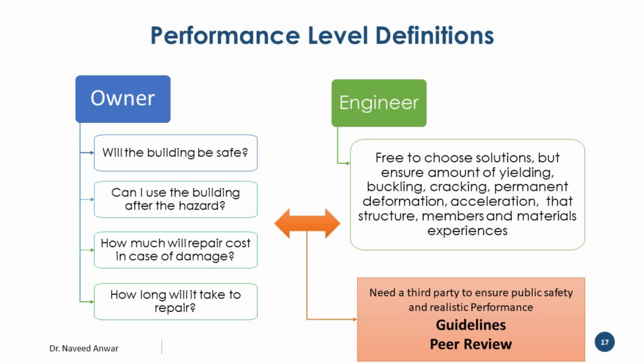So a third party comes in, and that third party is actually two groups. One is the guidelines, developed by other engineers on how to do this, and also a peer reviewer who has more experience than this engineer, checks the design and agrees that, okay, this is fine. So the client has a greater confidence level in what the engineer has done.